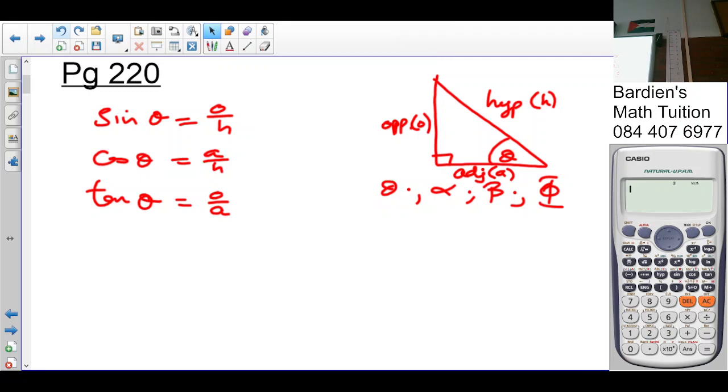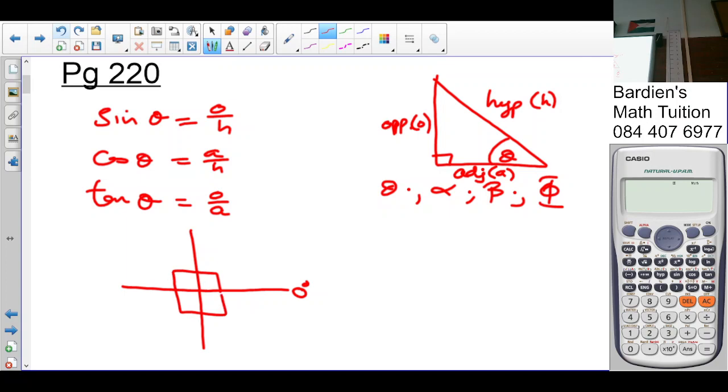Then we were told about the quadrants. So if we start that to be 0 degrees, every quadrant is 90 degrees.